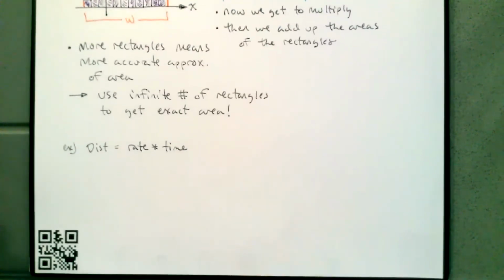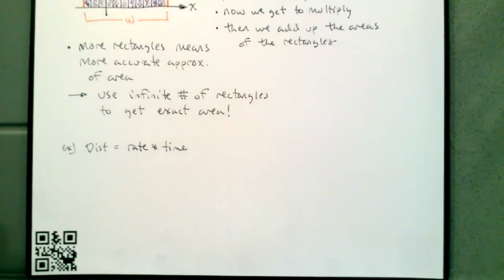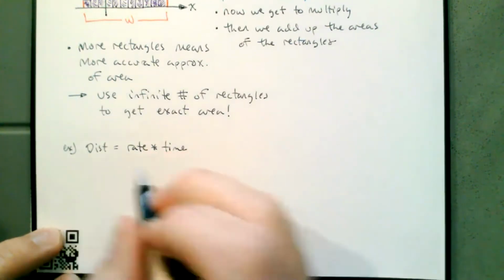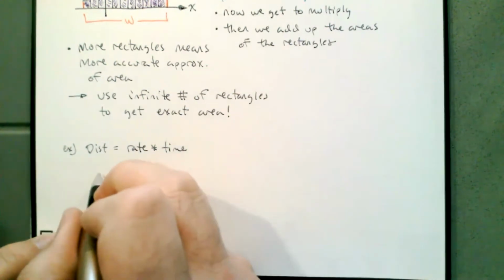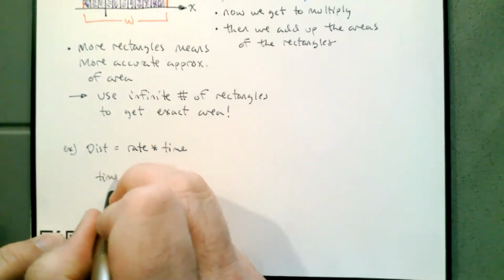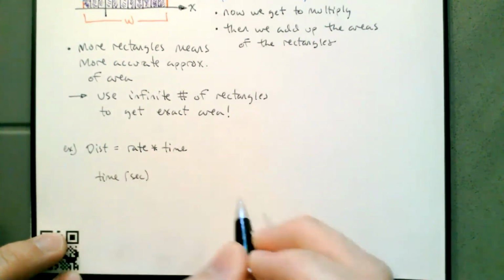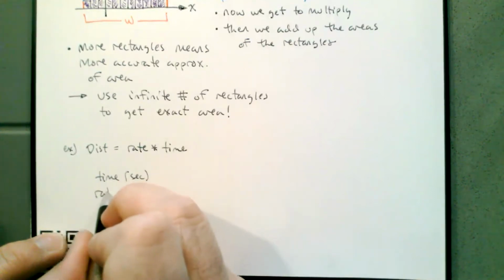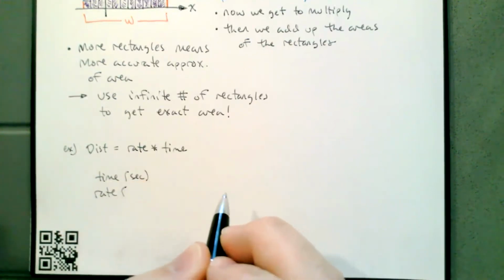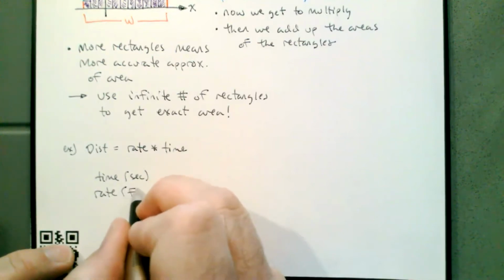So instead of area, we'll use distance, and instead of length, we'll use rate, and instead of width, we'll use time. And what we have is a set of data where we have time measured in seconds and rate measured in feet per second, because old school.